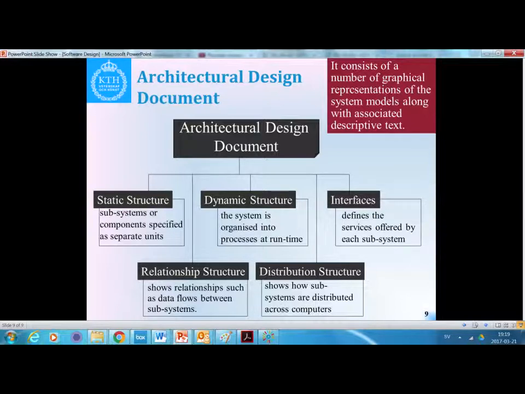So here you define the services that are defined by each subsystem. You will have to describe the relationship between the subsystems, that is how the data flows between various subsystems, that is how these subsystems communicate with each other. And finally, regarding the physical design, is how subsystems are going to be distributed across various computers.